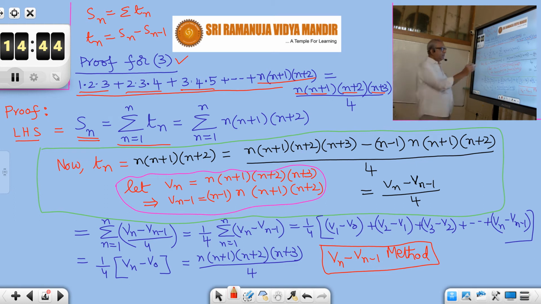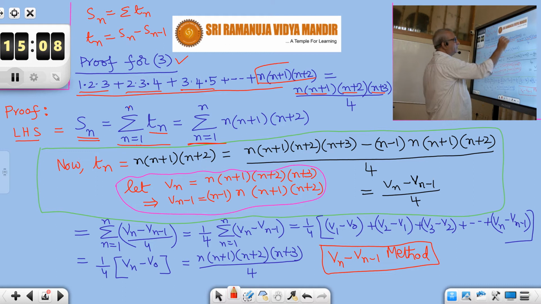So Sn is equal to sigma Tn I am using. So n equal to 1 to n, of course. N equal to 1 to n means what? T1 plus T2 plus T3 so on up to Tn. That is the sum of n terms. Okay. So here I have written sigma n is equal to 1 to n, but I want to write the value of Tn.